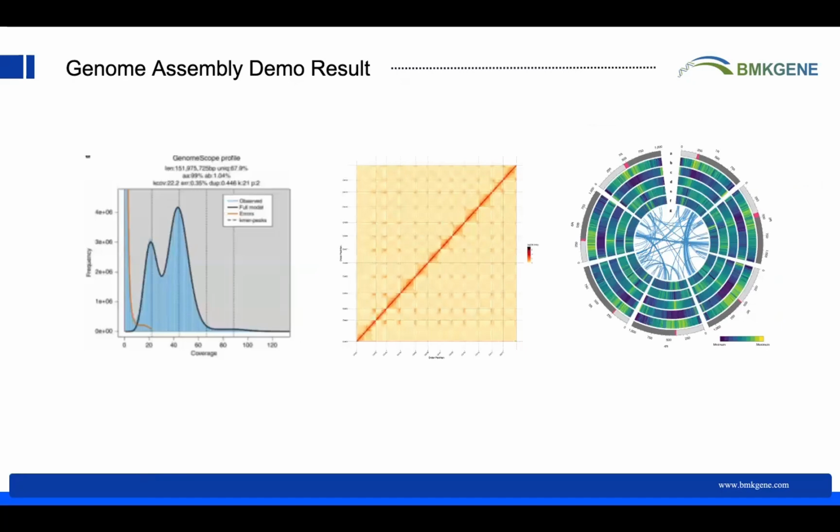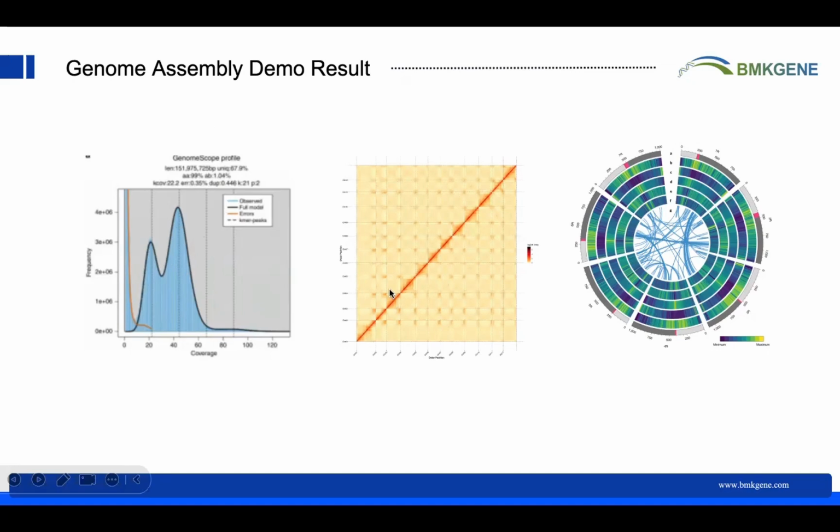Here I show some genome assembly demo results. You can see here is the most important result of the genome survey. From this figure, you can get the heterozygosity, repetitive sequence percentage, and the genome size. And this is the Hi-C heat map after the assembly.